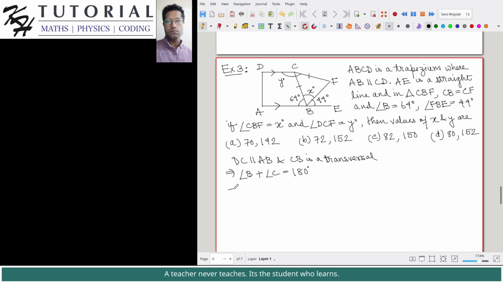Angle B of the trapezium is given to be 64 degrees.